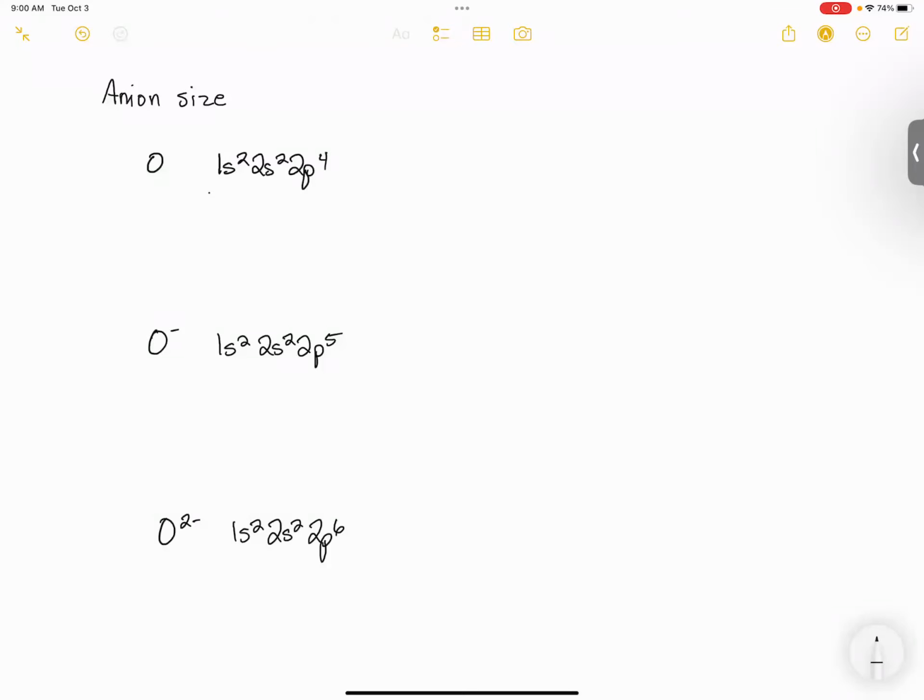If we look at our shielding, which I could draw out the structure, hopefully you're starting to see the trends here. The shielding constant for neutral oxygen is going to be 5 times 0.35 plus 2 times 0.85, and that's 3.45.